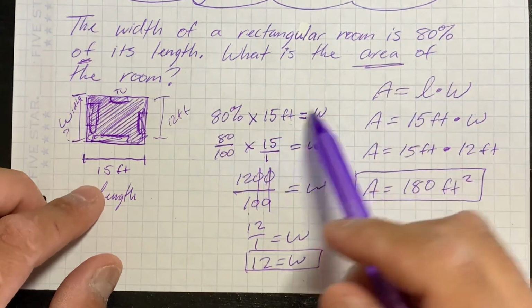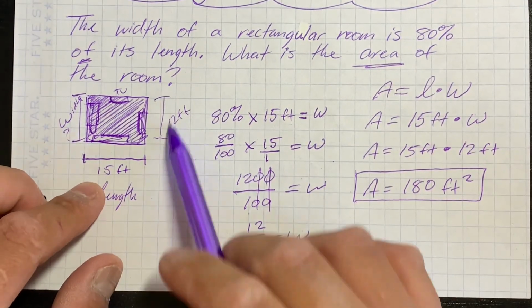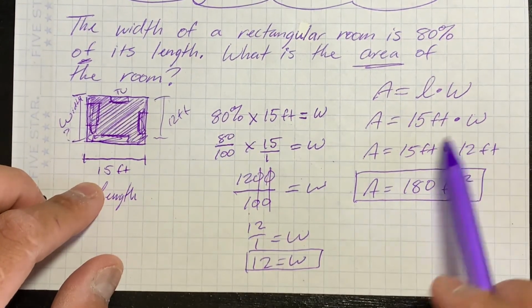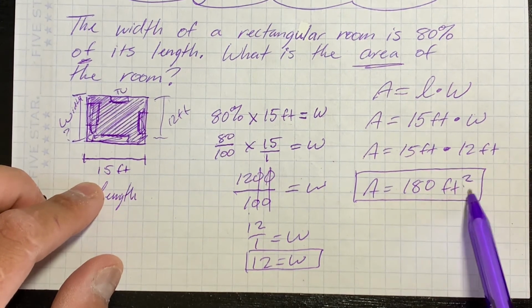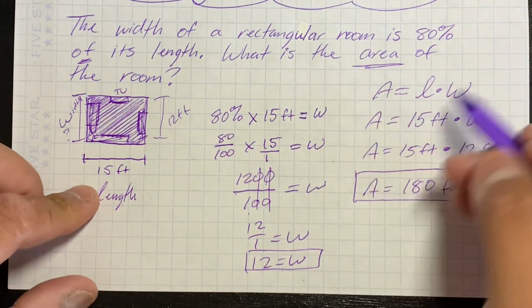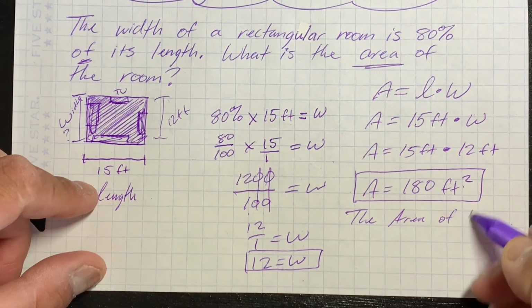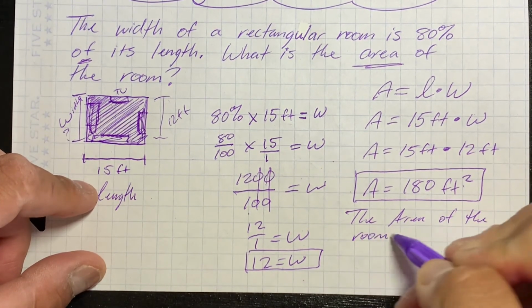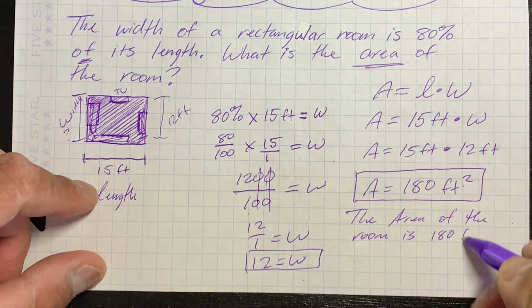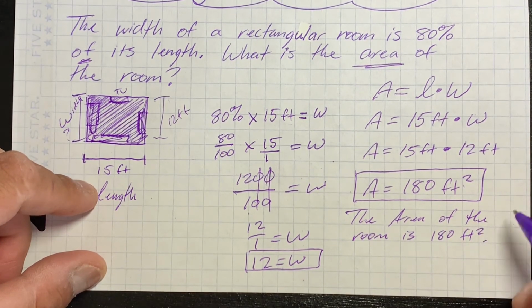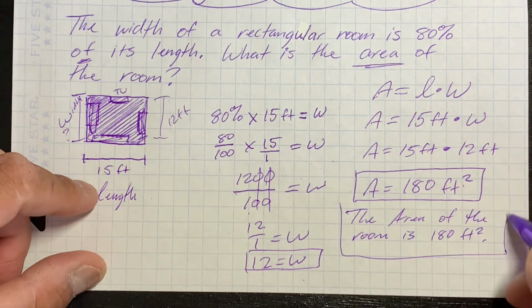And then to find the area, length times the width, 15 times 12 is going to be 180 feet squared. So what is the area of the room? The area of the room is 180 feet squared, or 180 square feet. All right, there you go.